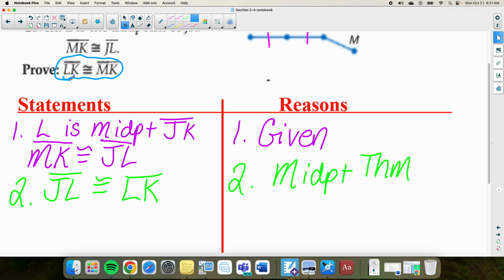If you look, do you see how these 2 are the same? Did we learn something last week that said if these 2 are the same, we could get rid of them? Do you guys remember that? Do you remember what it was called?